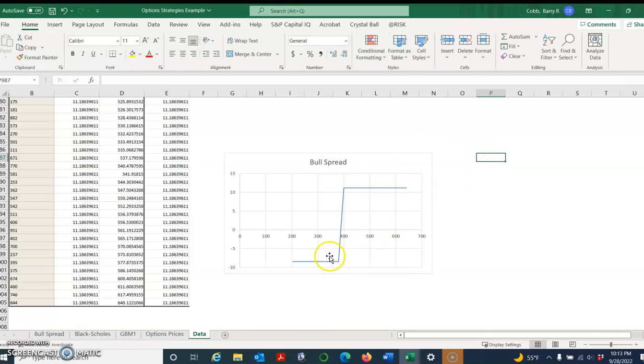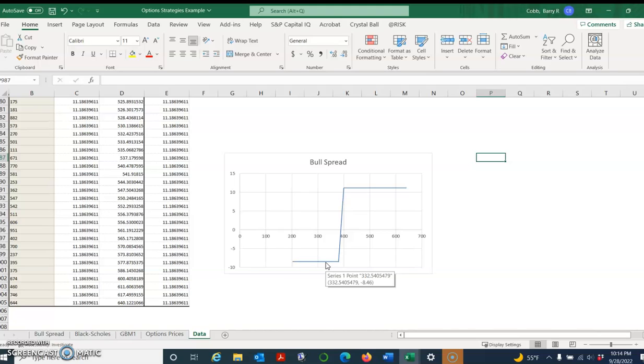Now, it's an interesting graph. It says that basically right here, we see that that point is right about 380, which is the strike price of the first option. So if the current stock price, as we simulate it, goes below 380, we simply lock in a loss that's about 846.